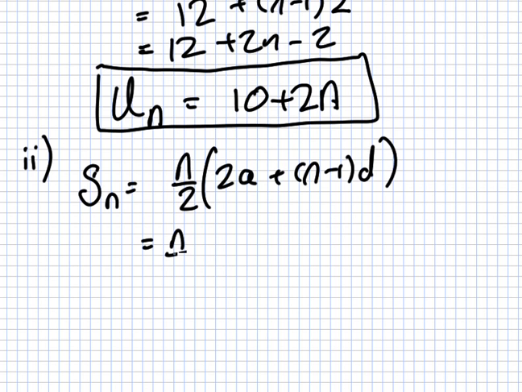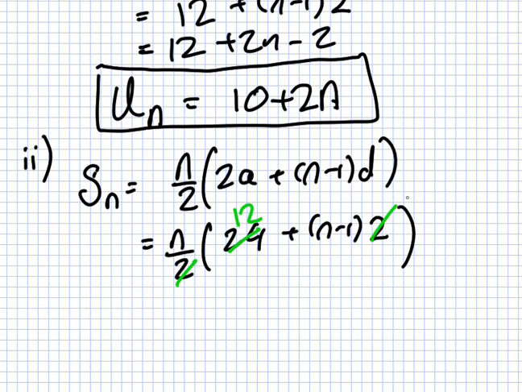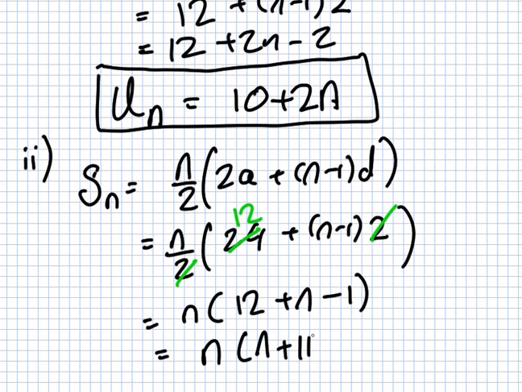That is n over 2, 24 plus n minus 1 times 2. Now, 2 goes into 24 12 times and goes into 2 to cancel it. So we have here n times 12 plus n minus 1, so here we have n times n plus 11.